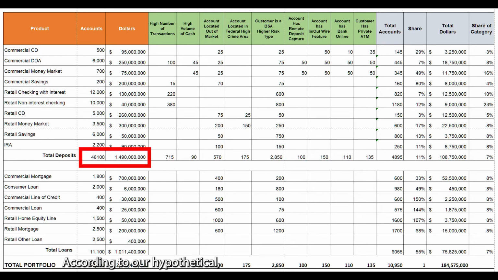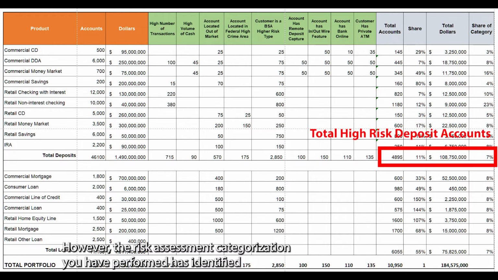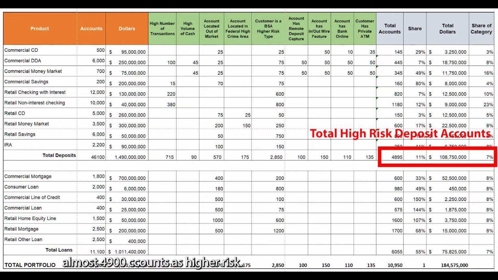According to our hypothetical, the bank has about 46,000 deposit accounts, and the dollar total in the deposit portfolio is about $1.5 billion. However, the risk assessment categorization you have performed has identified almost 4,900 accounts as higher risk. Those 4,900 accounts represent about $109 million in the deposit portfolio.